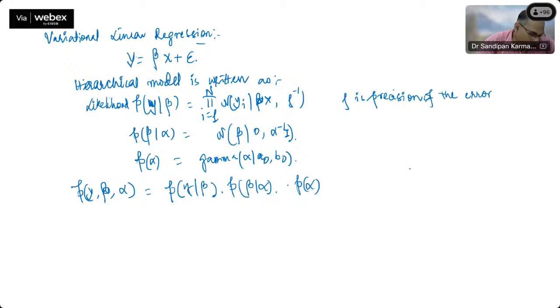This is the structure. Now rho also you can take as unknown, but I'm assuming that it is known to us. Otherwise you can actually have that hierarchy also. So here rho is known.